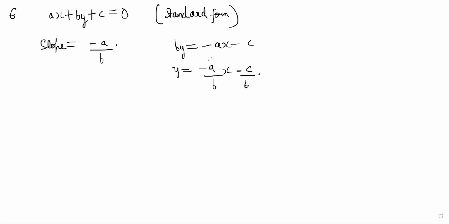Clearly you get y-intercept is minus c by b and slope is minus a by b. So nothing much to talk about in this one. It is straightforward.